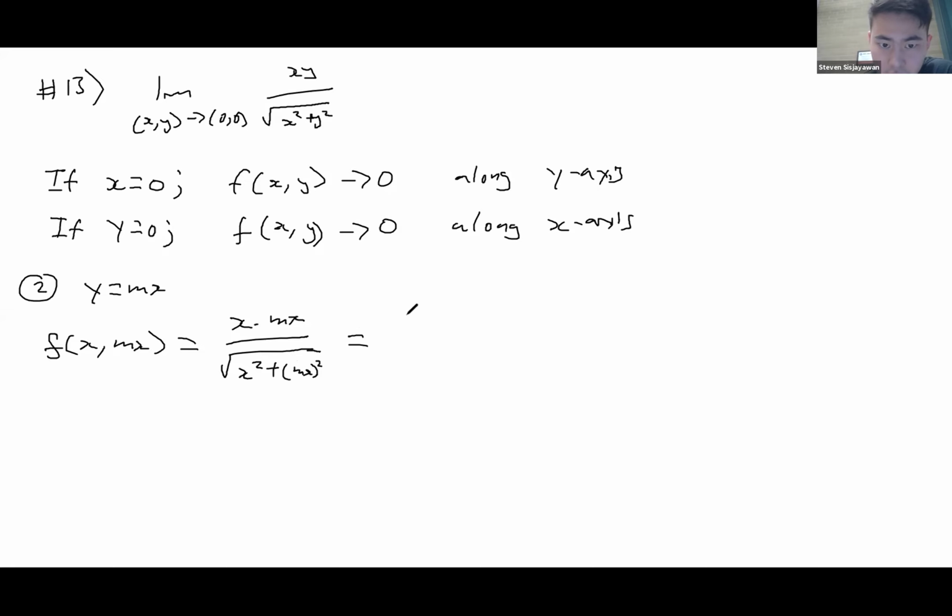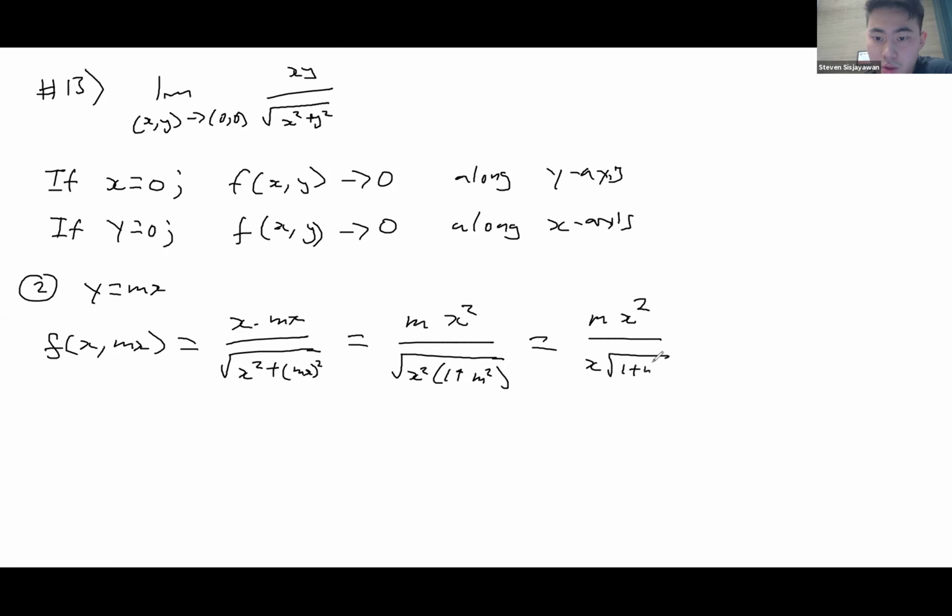And that's going to simplify down to m x squared all over the square root of x squared times 1 plus m squared. And that's going to equal m x squared all over x times the square root of 1 plus m squared, which is equal to mx over the square root of 1 plus m squared.